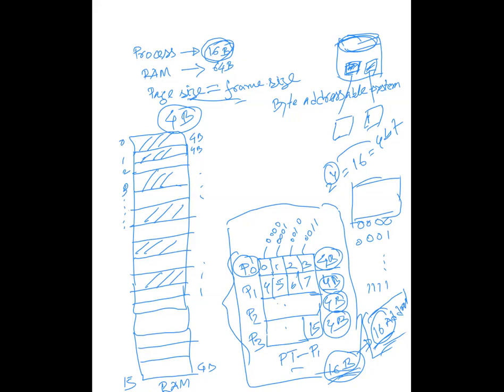Your operating system keeps searching from the beginning, and it will find a hole here. So P0, let's say, is allocated in this location, and then P1 is allocated in this location, and then again P2 is here, and P3 is here.